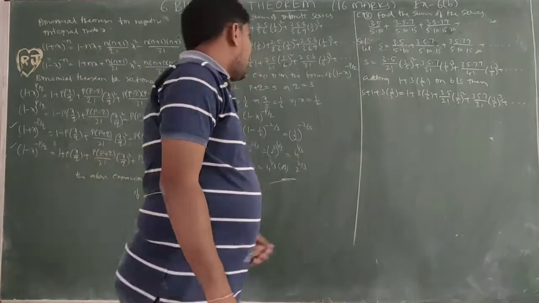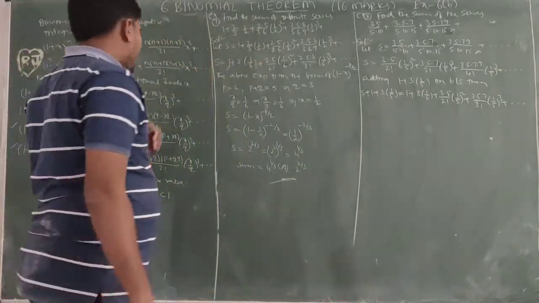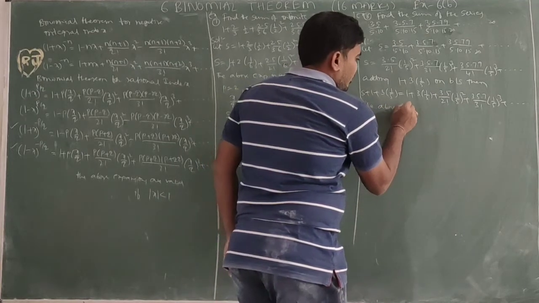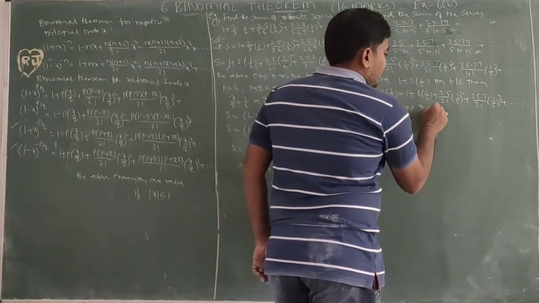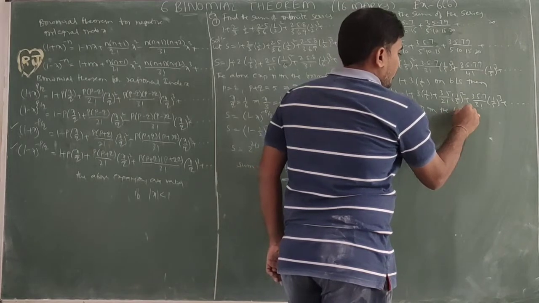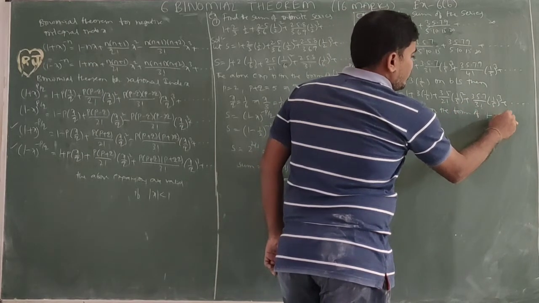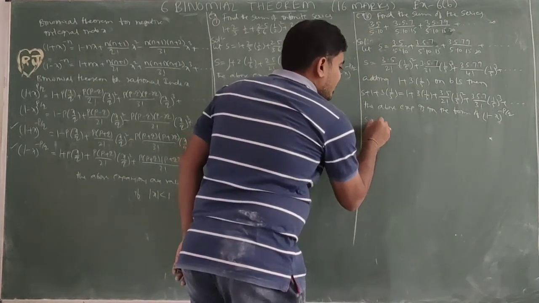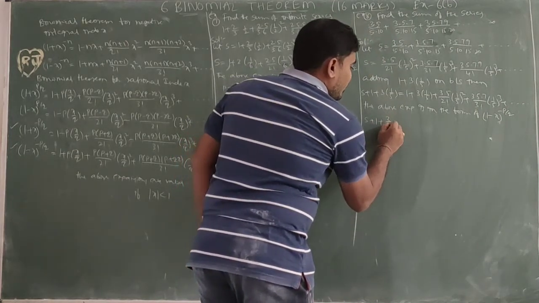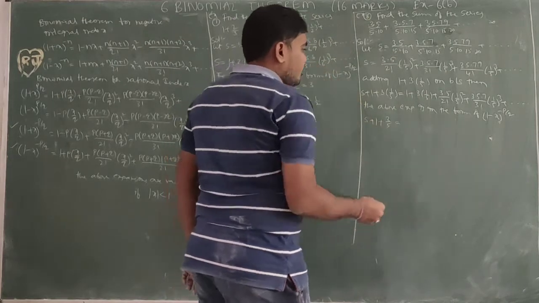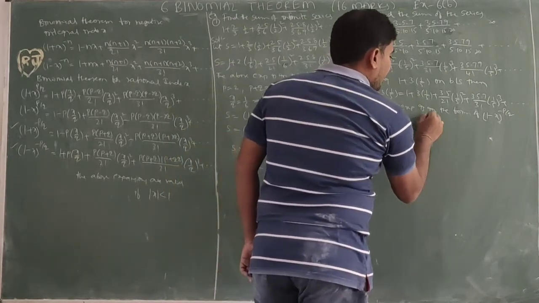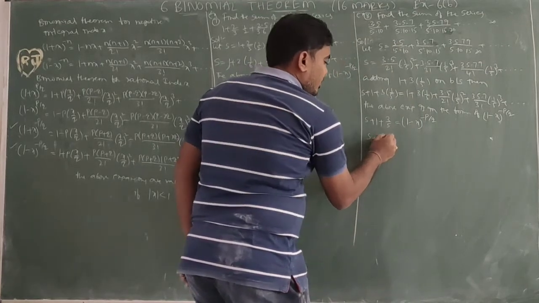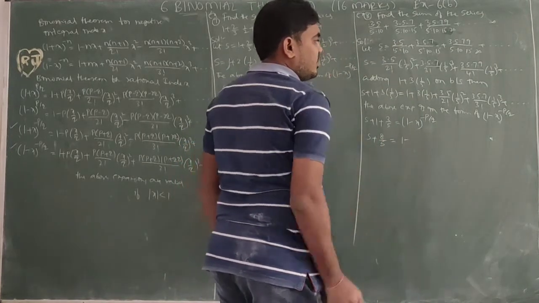Now this expansion is in the form of (1 minus x) whole power minus p by q. So S plus 1 plus 3 by 5, which is 8 by 5, equal to (1 minus x) whole power minus p by q.